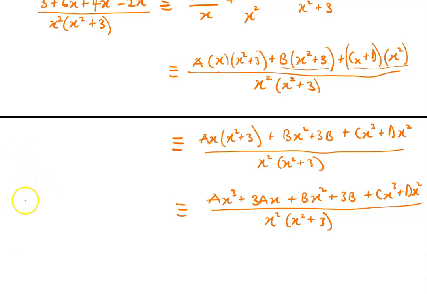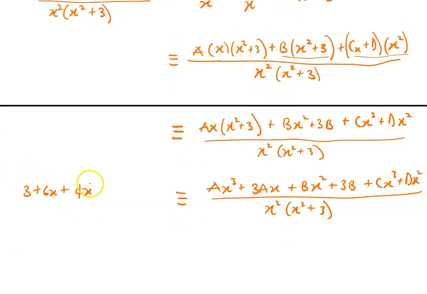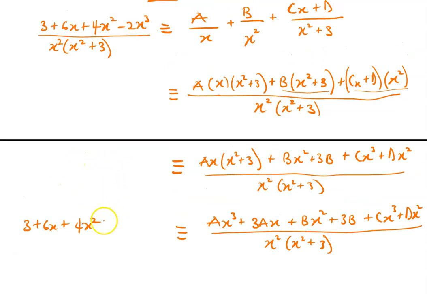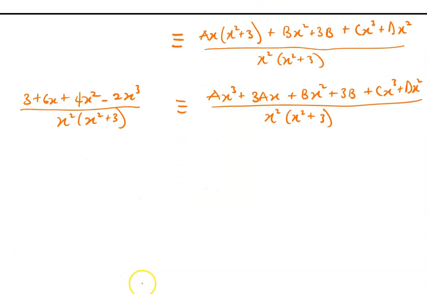So let me repeat this one. I have 3 plus 6x plus what? 4x squared. Right. So 4x squared minus 2x cubed. All on what? All on x squared into bracket x squared plus 3. So at this point, we can compare the numerators, right? Since they are identical, we can compare the numerators.